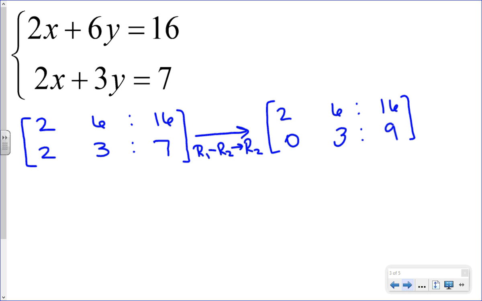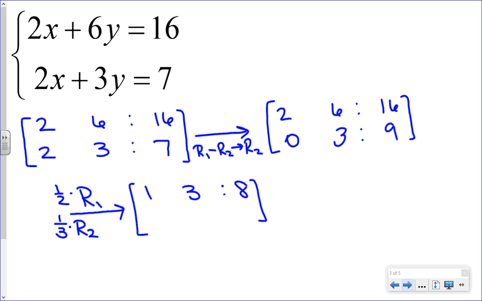Now, what would we need to do? We need to take row 2 and do what with it? Multiply it by 1/3. What do we need to do with row 1? Multiply it by 1/2. So we have 1, 3, 8, and 0, 1, 3.